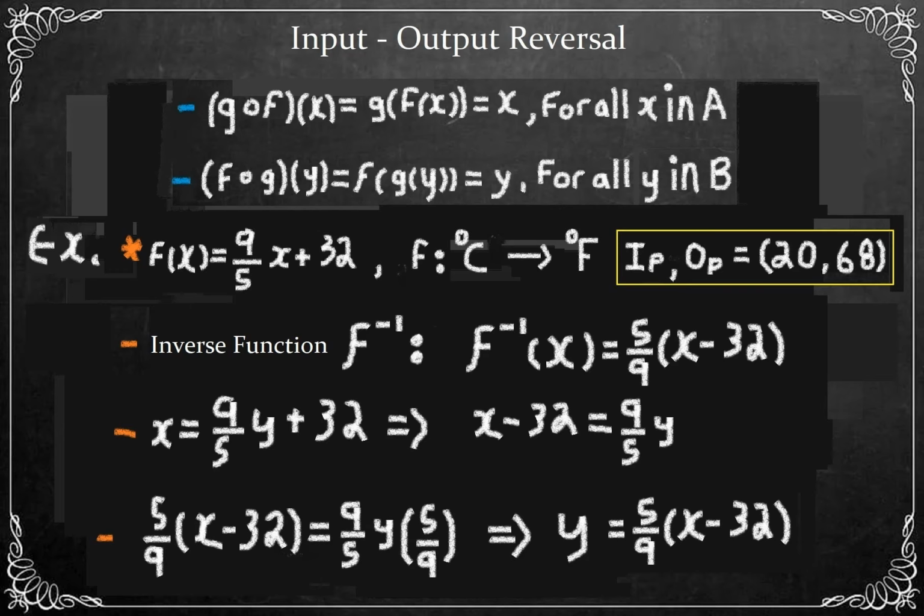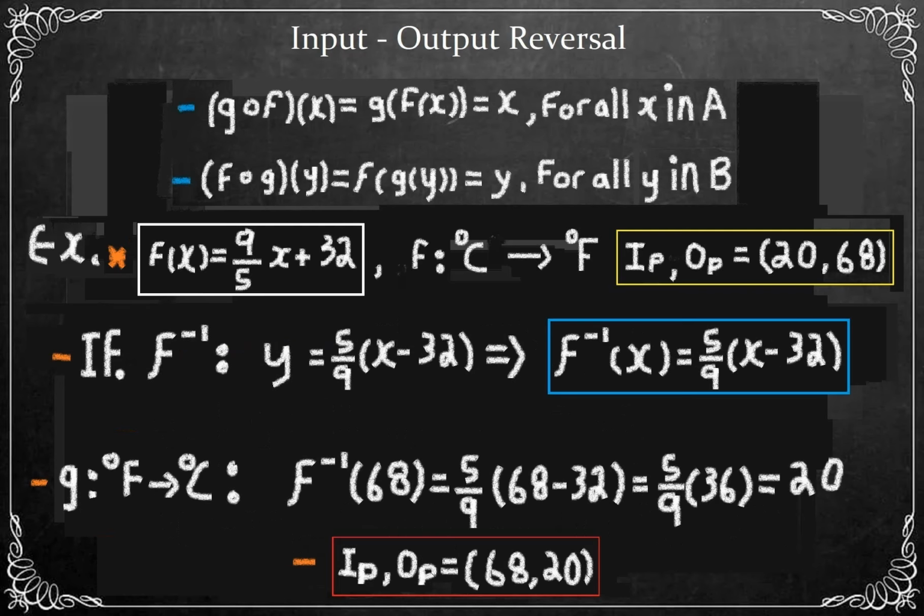So how did we get that? Second orange bullet. To find the inverse of f of x, replace x with y, then solve for y. Then subtract 32 from both sides. Last bullet. Times each side by 5/9, which returns y equals 5/9 times x minus 32. First orange bullet.